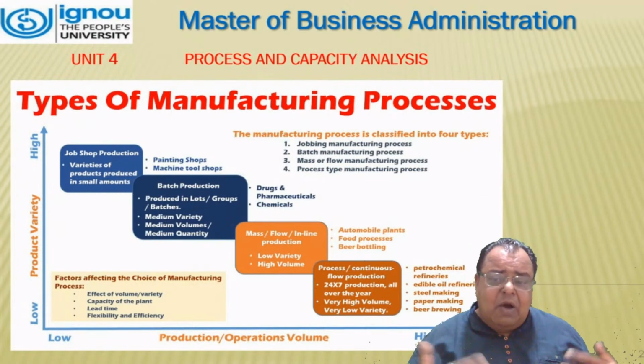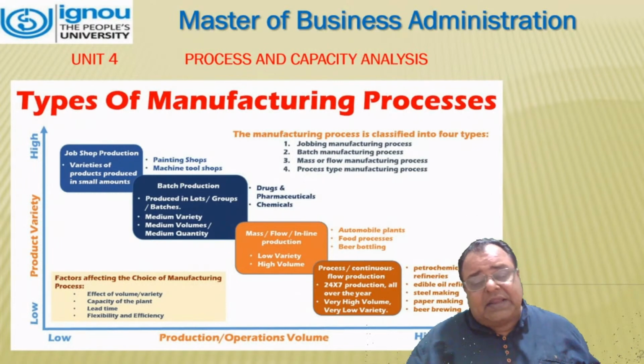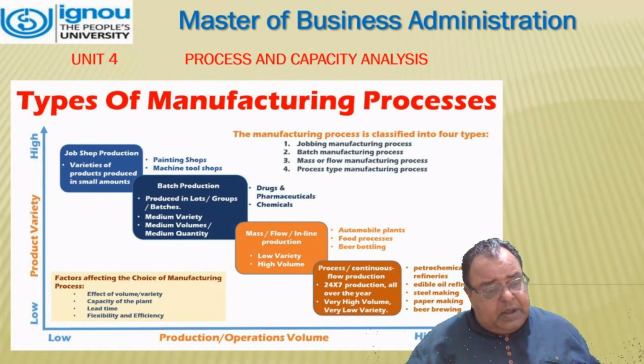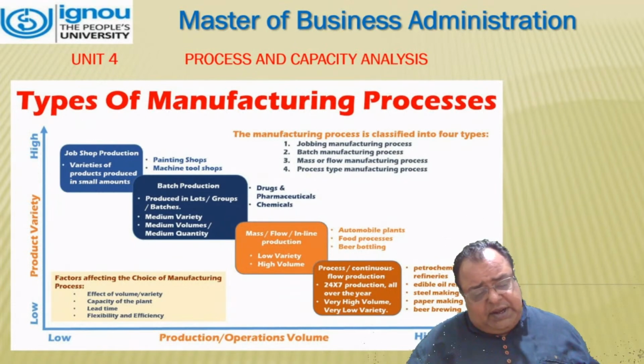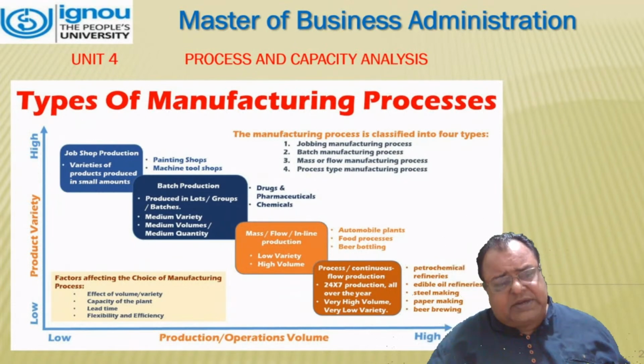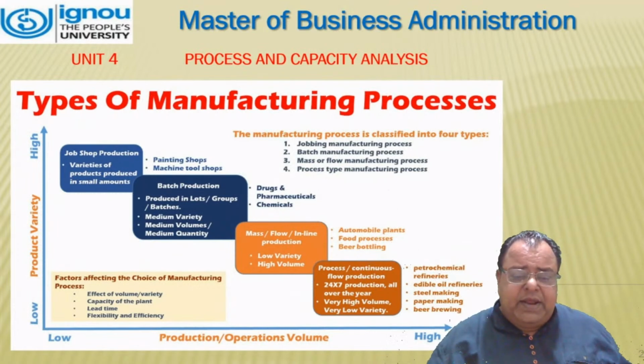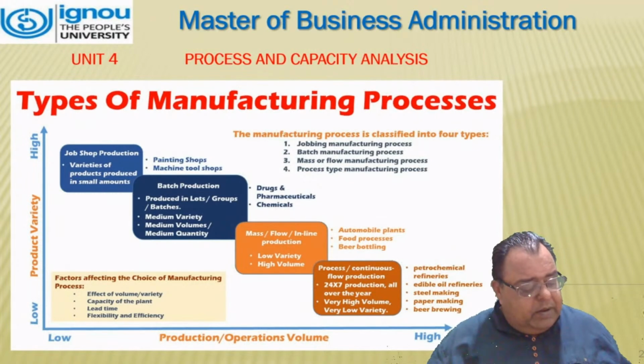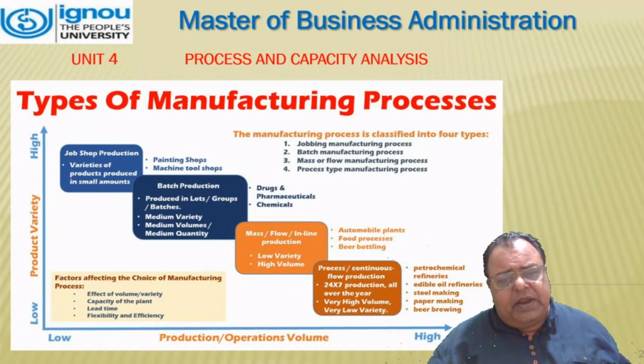Basically, how is this classification done? It is basically a relation between product variety and production or operations volume. Or rather, we can say that different types versus volume.